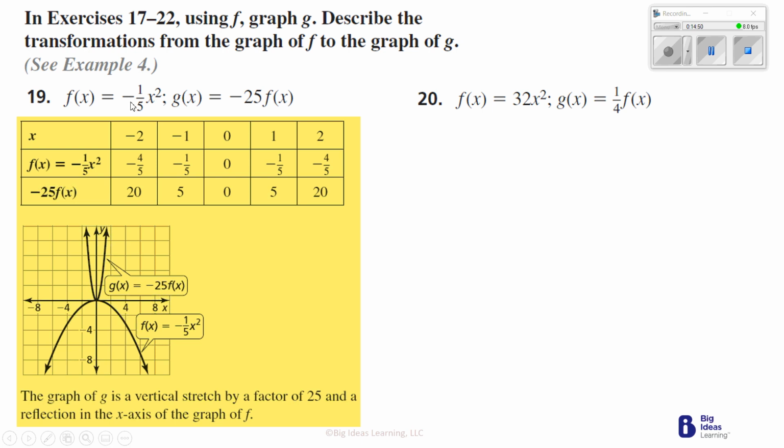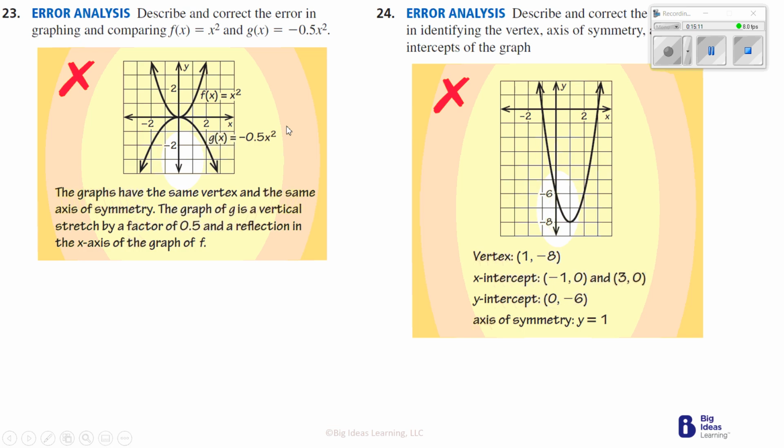So this is the negative going on to the negative. So this is going to turn this completely in the other direction to be positive numbers, okay? And then it's a stretch by a factor of 25 because this 1/5 was here. So we're increasing the original one by 25, and that's going to stretch it up much higher. All right. Number 20 is yours to do.